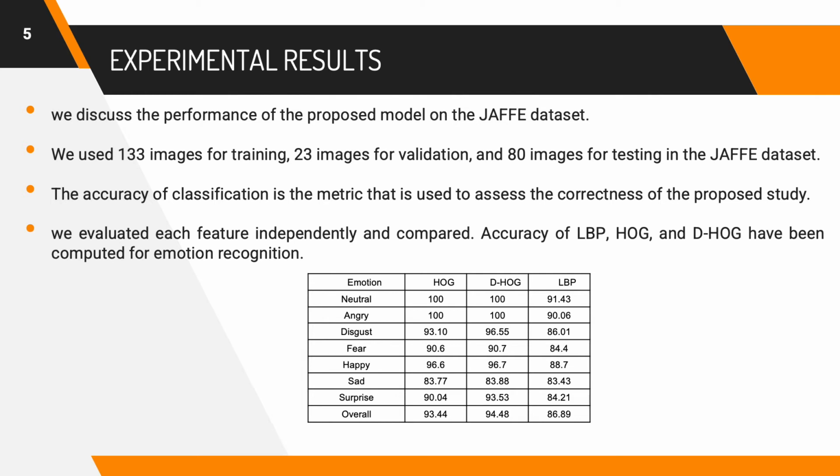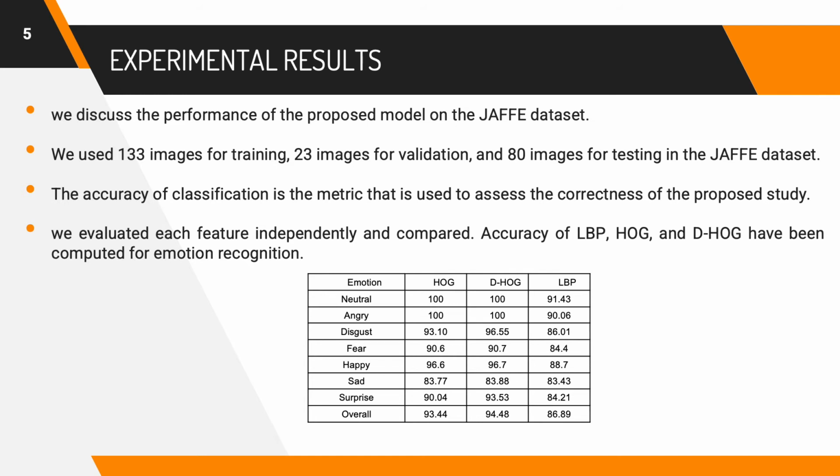The accuracy of classification is the metric used to assess the correctness of the proposed study. We evaluate each feature independently, and the accuracy of LBP, HOG, and diagonal HOG has been computed for emotion recognition. If you look at the table, we have different emotions and different features, and for each feature we have obtained different accuracy.